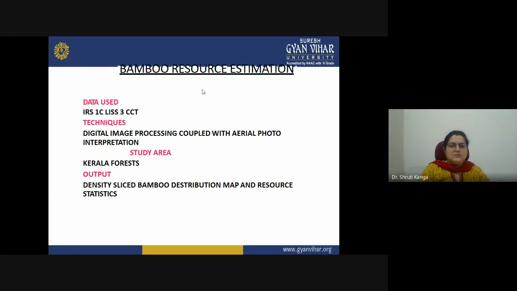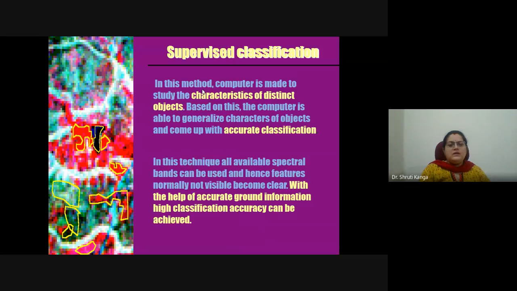using the satellite images. Okay, then they have used the classification method, that is supervised classification, which you have studied in your DIP also, that there are two classification techniques. One in which we select the training sets, and based on these training sets we try to classify the whole image.